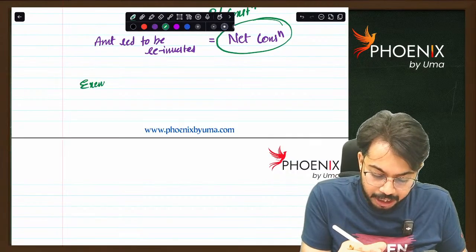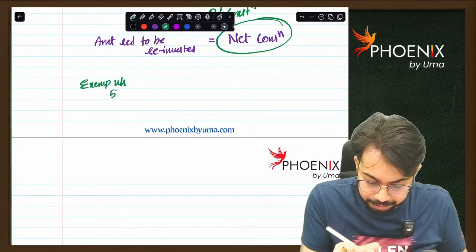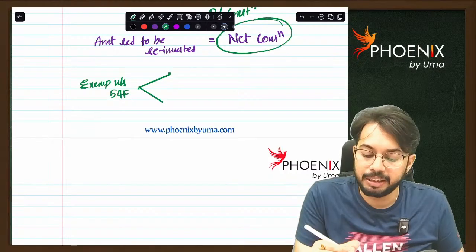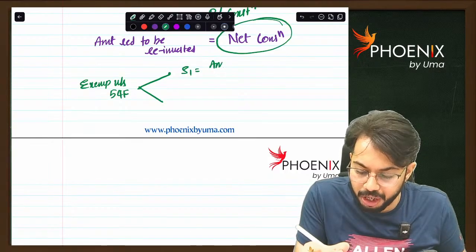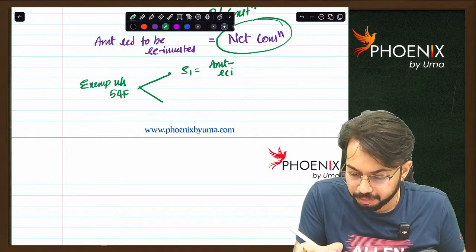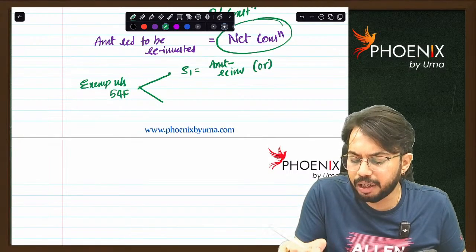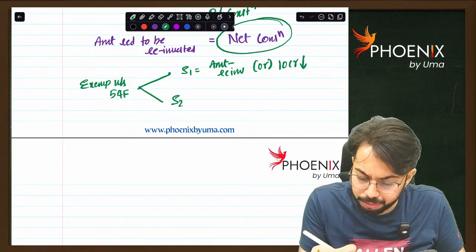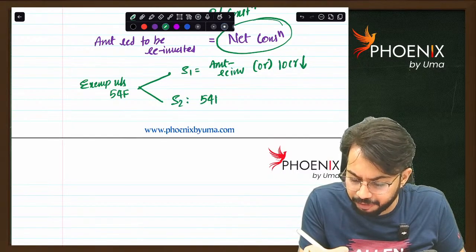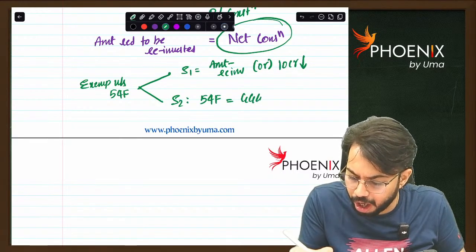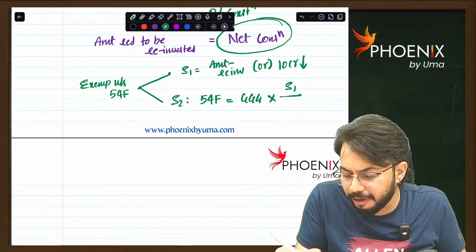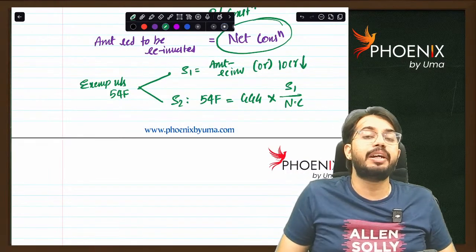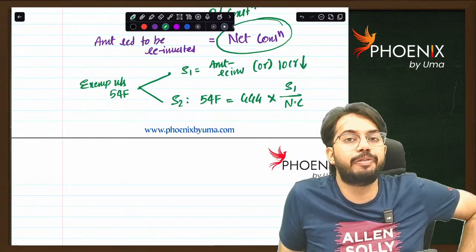Exemption under section 54F will be calculated in 2 steps. Step 1, amount reinvested or 10 crores, whichever is lower. Step 2, exemption under section 54F is equal to gross capital gain into step 1 divided by net consideration. This is the formula for claiming exemption under section 54F.